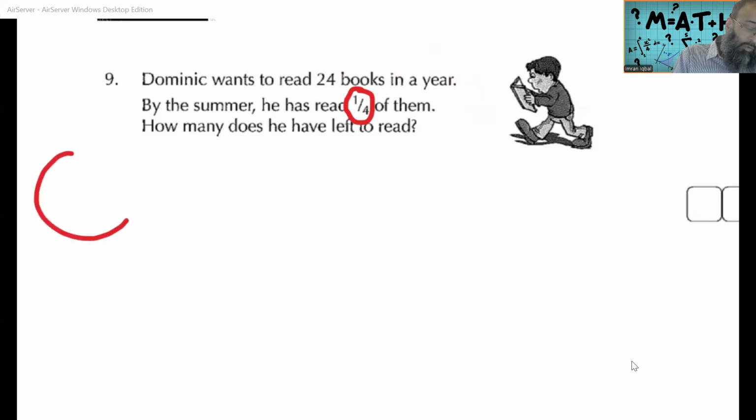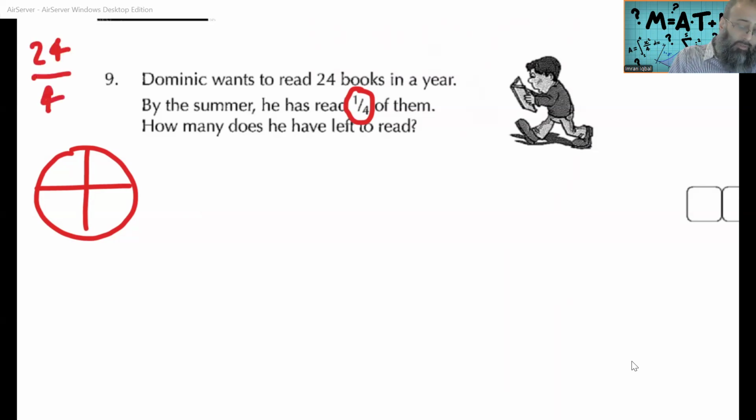So now, if we draw a circle and we divide the circle into quarters, so that's our books that we've got to read. He has to read 24 books. If you divide 24 into quarters, so each quarter is worth 6 books. It says he has read a quarter.